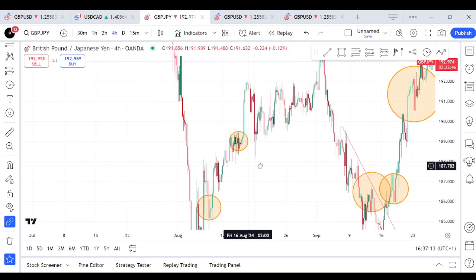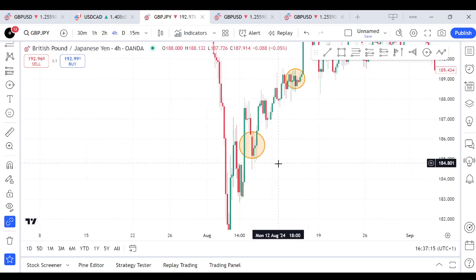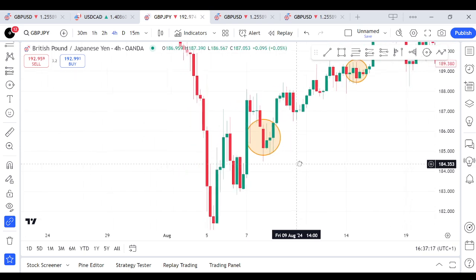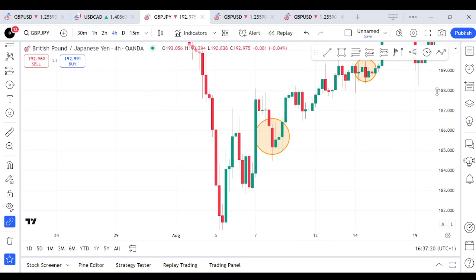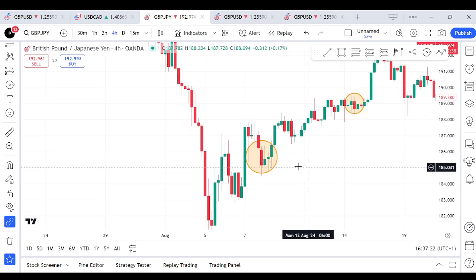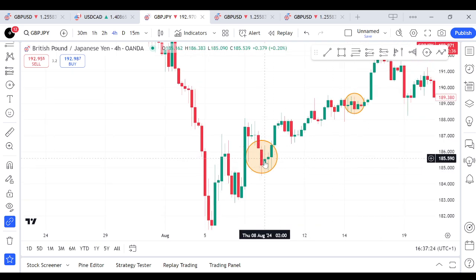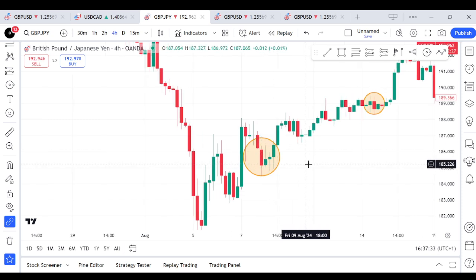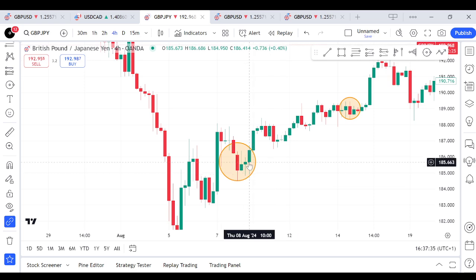So we look for more harami patterns. You can see this one, which is a large bearish candle with the bullish candle that fit entirely into the bearish candle's body, and it wicked a little bit above it, but just a little bit. So we could look at these rejections.